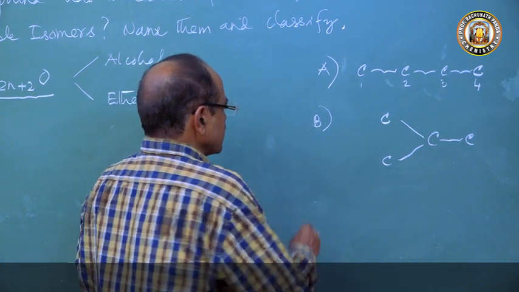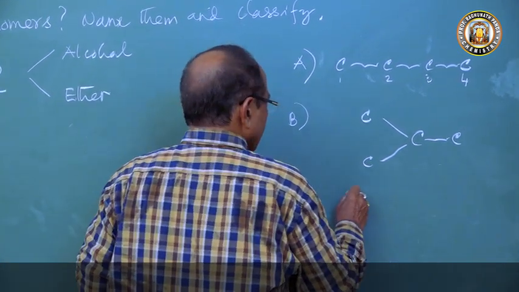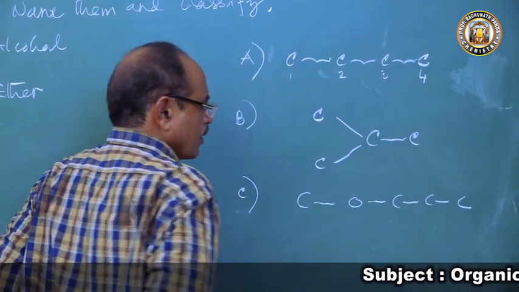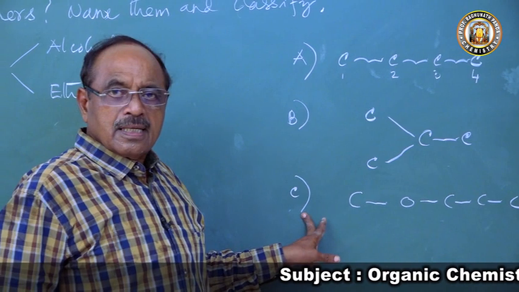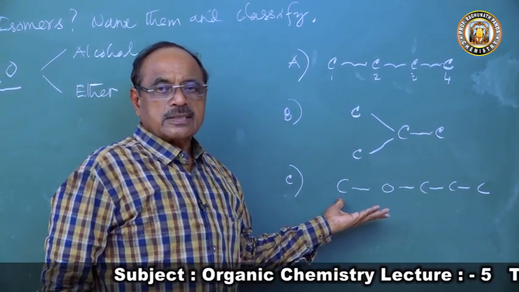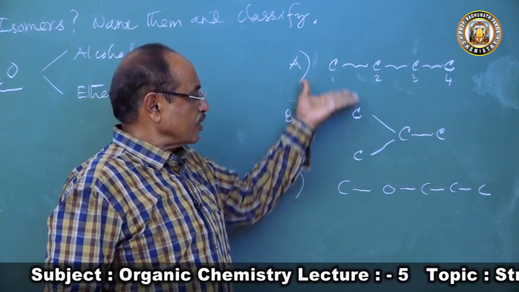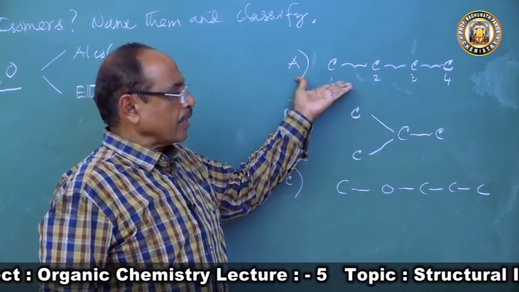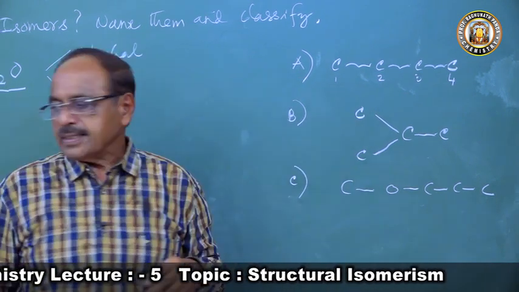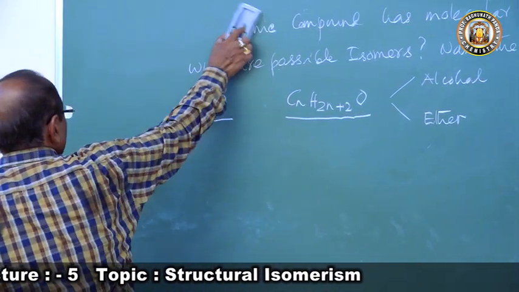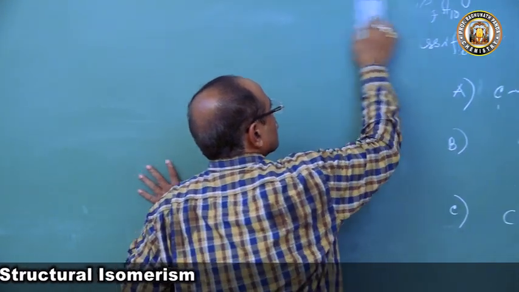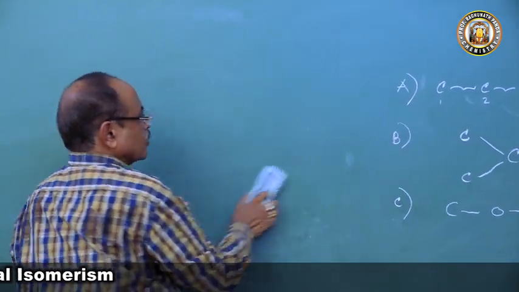For metamerism, we can have C, O, C, C, C. So these are ethers. Now on this we will have different chains. We can get structures for isomers for this. So 3 possible chains are these. For A we will write PF, for B we will write PF, and for C we will write this. This is the way we will attempt our question. This question generally comes for second year and also for first year students, 11th class and 12th class.